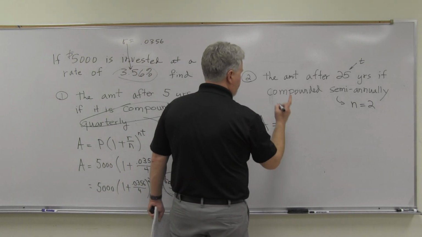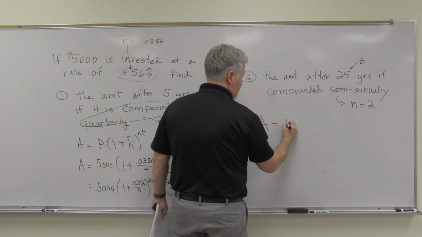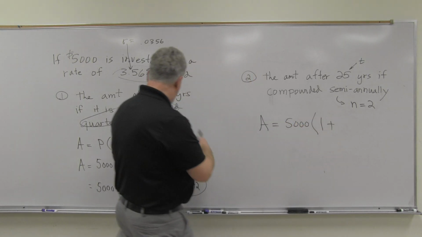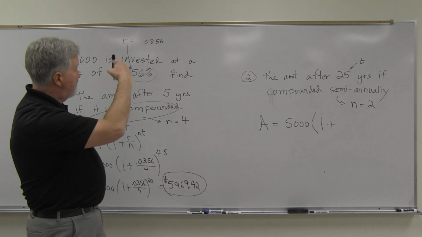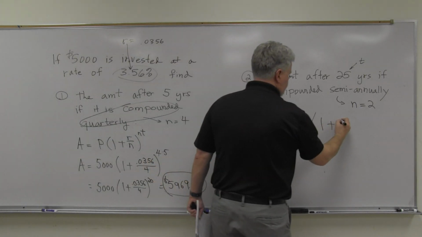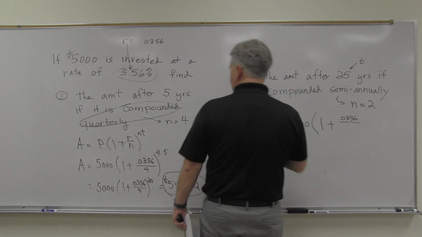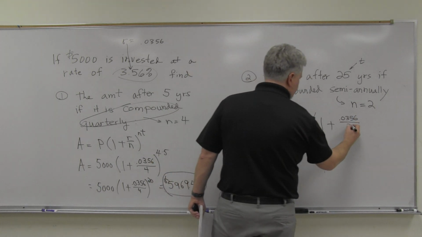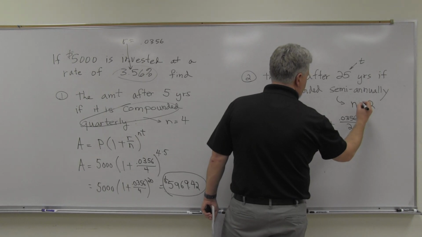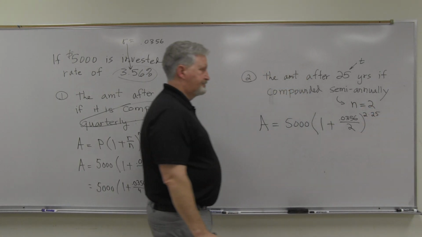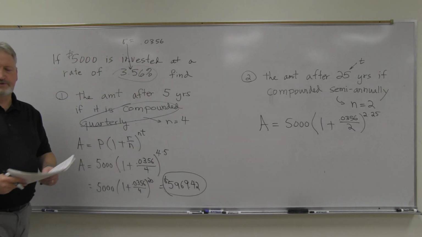A equals, the same P, we're starting with the same 5,000, times 1 plus R over N. The rate stayed the same, 0.0356. Divided by N, so N here is 2, so divide by 2. And raise that to the N times T, so that's 2 times 25.